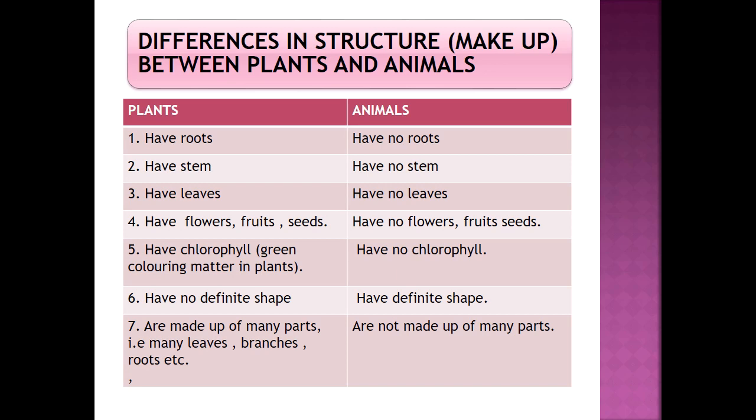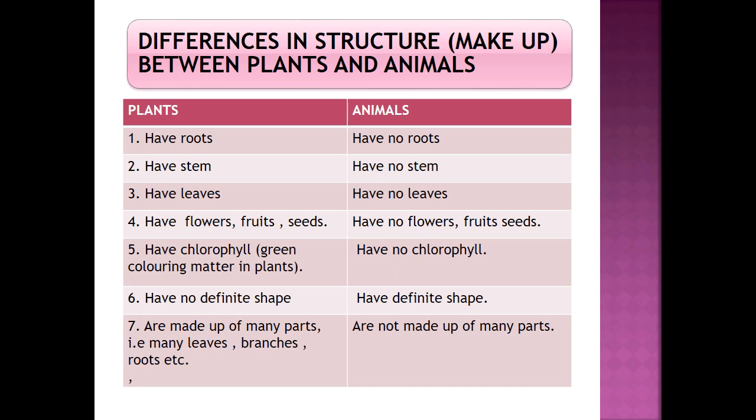Number five, plants have chlorophyll, green coloring matter in plant. The chlorophyll is a green pigment in plants, usually present in their leaves and in some of their stems. So, animals lack the chlorophyll. Animals have no chlorophyll. Number six, plants have no definite shape. Plants do not have a definite shape because they have continuous branching.